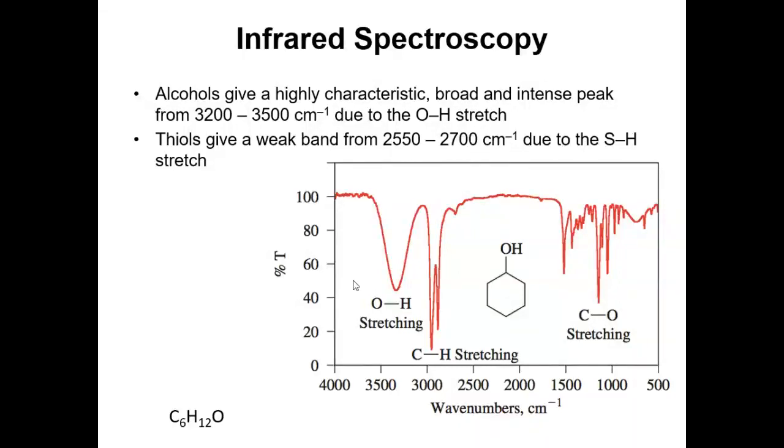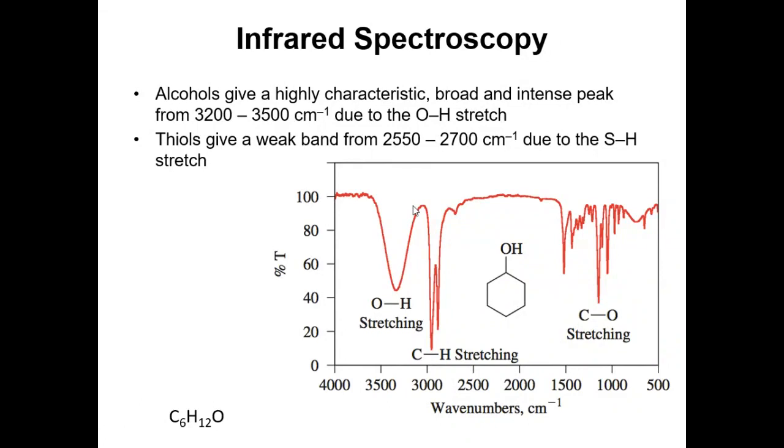For stretching vibration, we directly look at the dipole moment of the functional groups. The OH group is very, very polar. The electronegativity difference is very large: O is about 3.5, H is about 2. So this is a very large dipole moment change. That's why OH stretching vibration is very good at absorbing infrared photons.